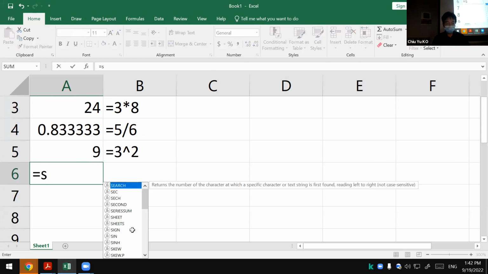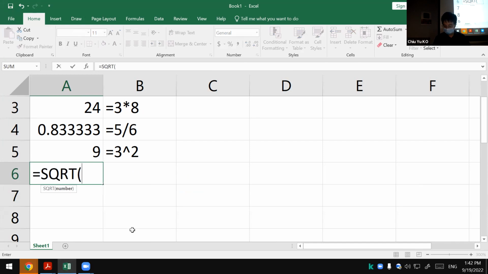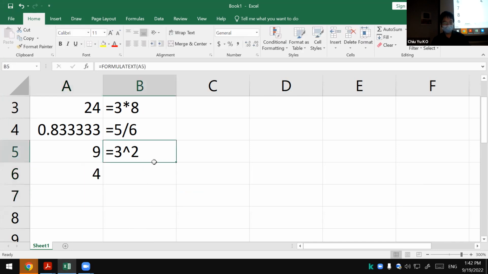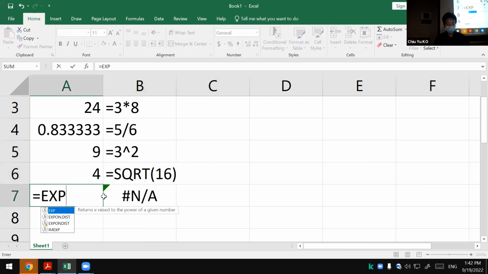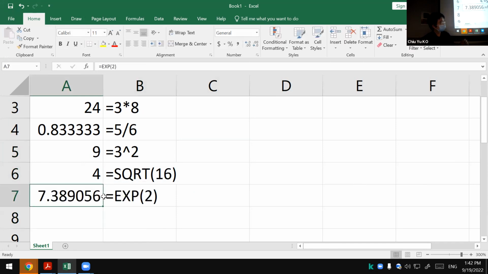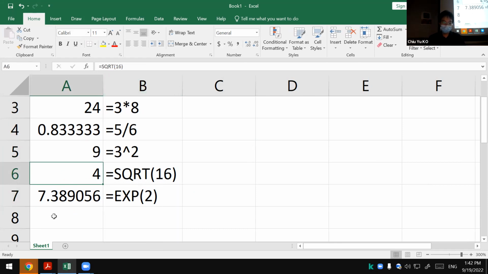The square root of 16 is 4, so that is how you can get that. Exponential is the natural number, 2.78 raised to the power 2, in that case. Especially square root is an important measure. We will use it soon. So these are all the calculations.